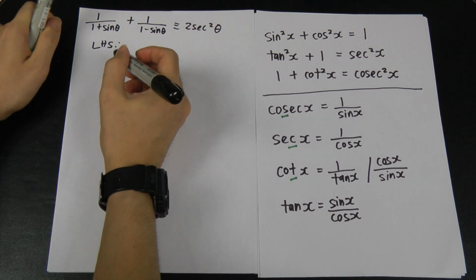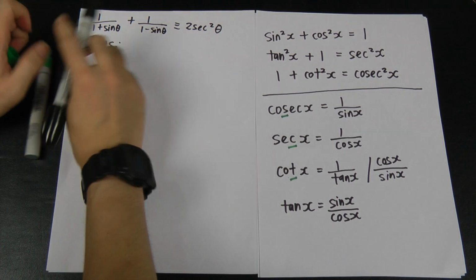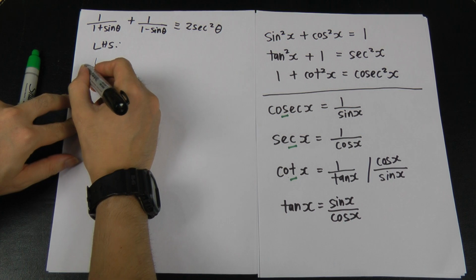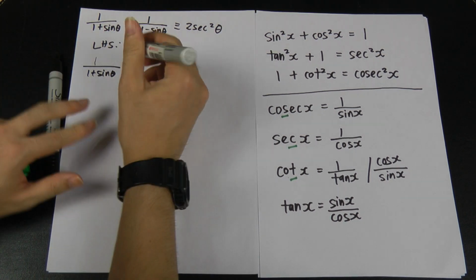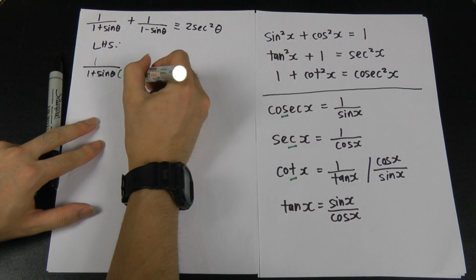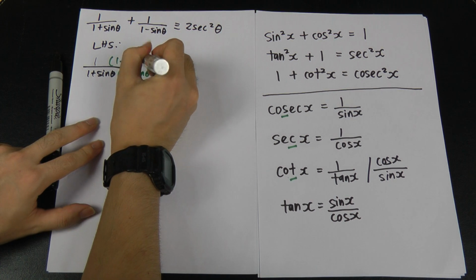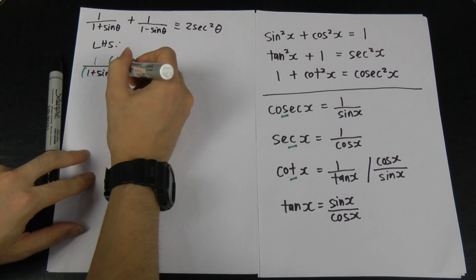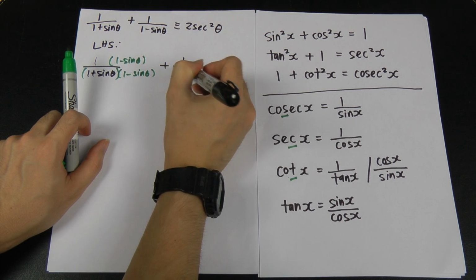Let me show you the complete steps. We have 1 over 1 plus sine theta, and I'm going to multiply by 1 minus sine theta, with brackets for this one also, and then plus 1 over 1 minus sine theta.